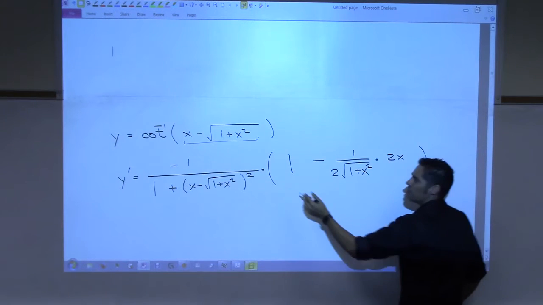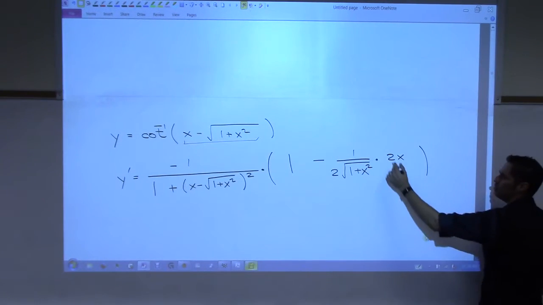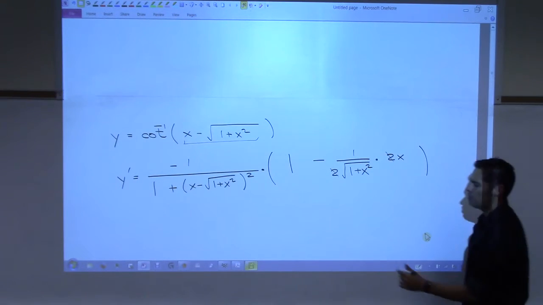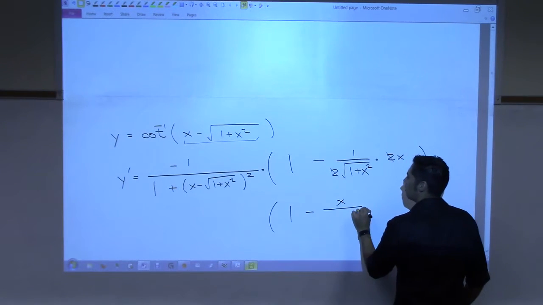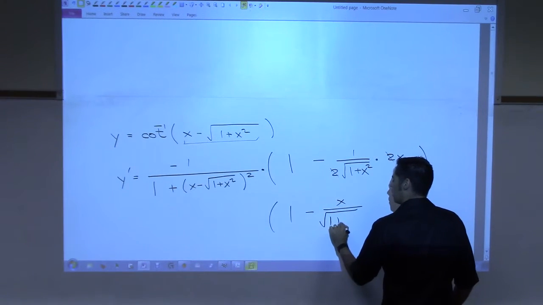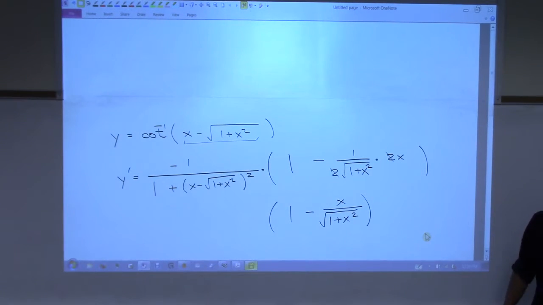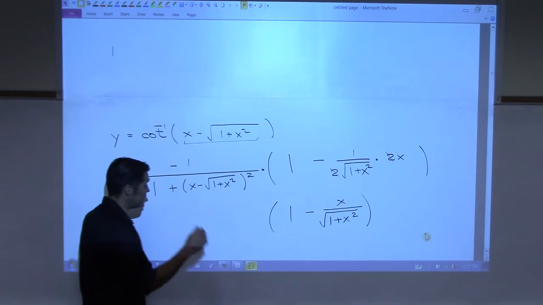That's the derivative of what's in the root. 2's can cancel. So I could have out here 1 minus x over root 1 plus x squared. That's this piece. And then over here, well, probably just leave this alone.